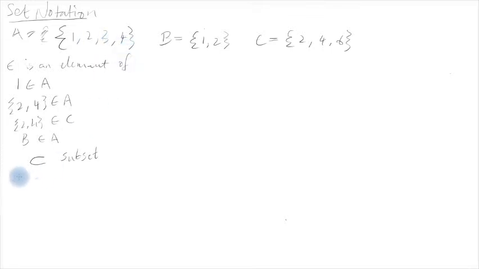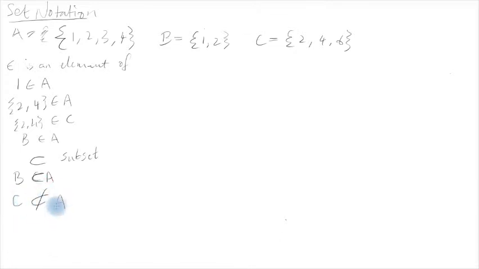So B is a subset of A, contained within A. Here C is not a subset of A, because C has 6 in it, and A does not have 6 in it.